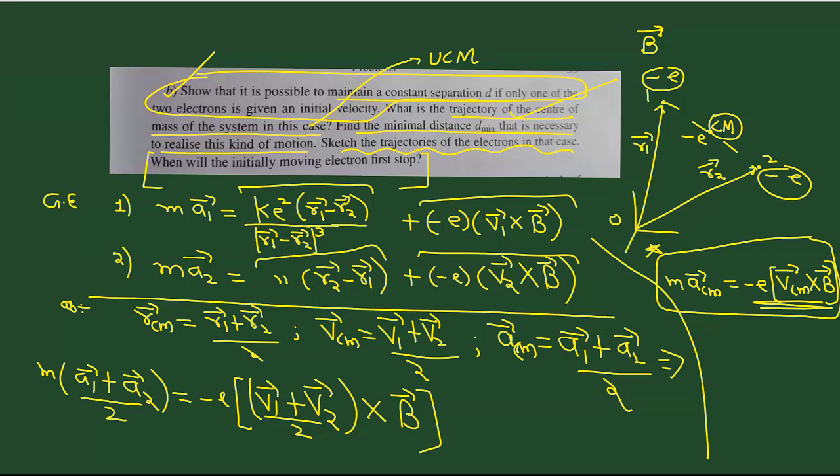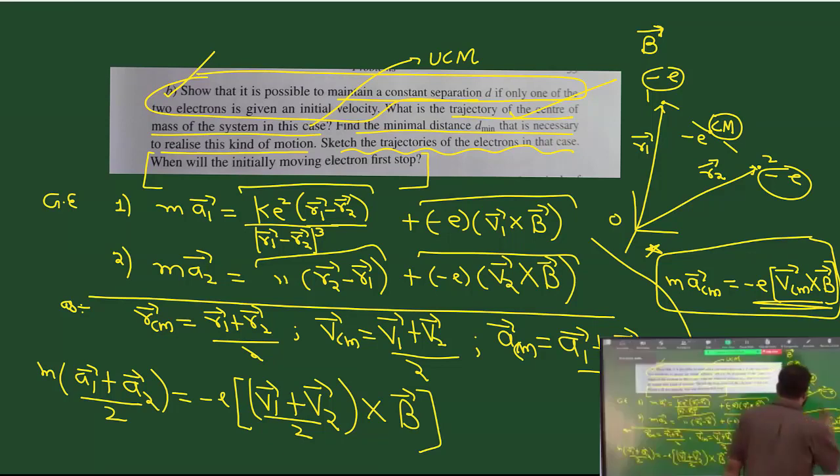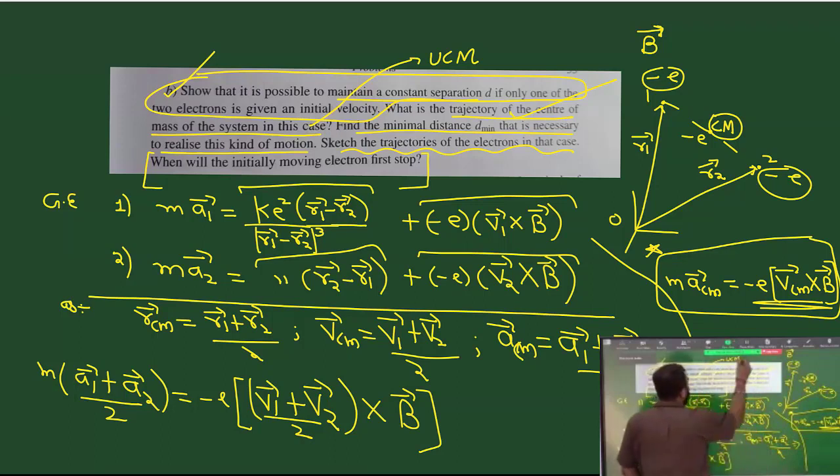In the actual motion, the motion will always be in a plane which is perpendicular to B, because B cannot generate any motion along itself. And the repulsion between the charges, or whatever is happening, will also lie in this plane. So I am very clear that center of mass is moving in a uniform circular motion. So the answer for the first part is this.